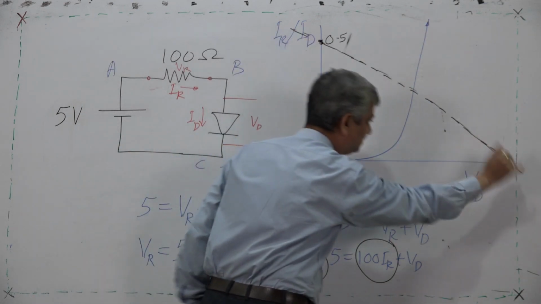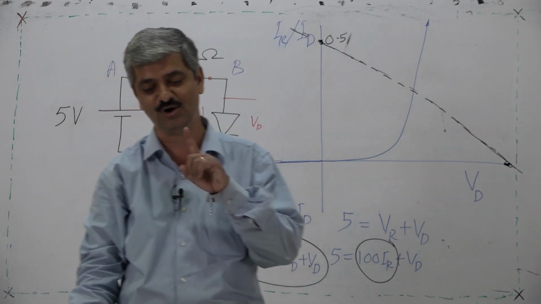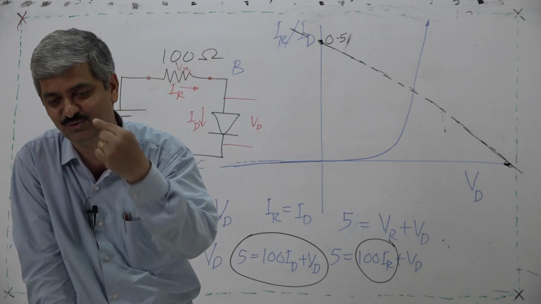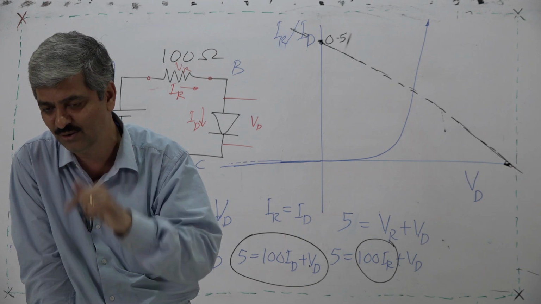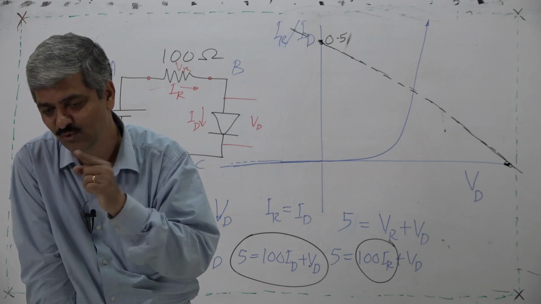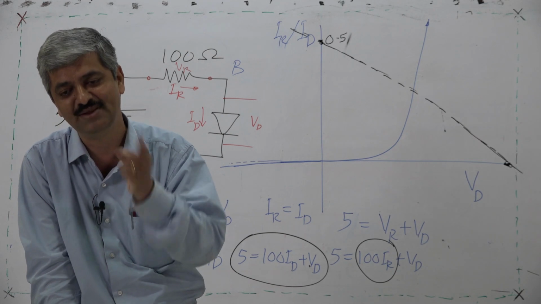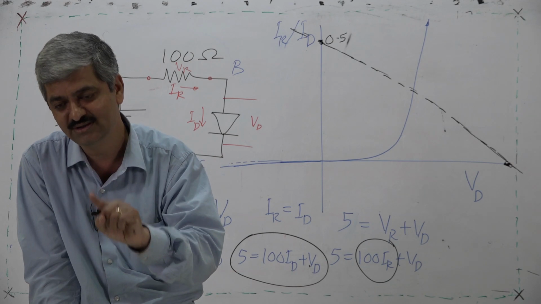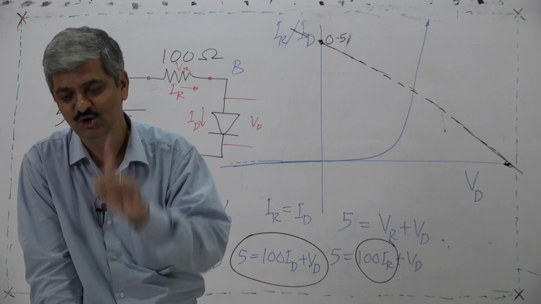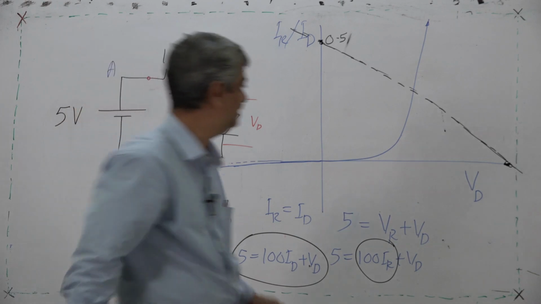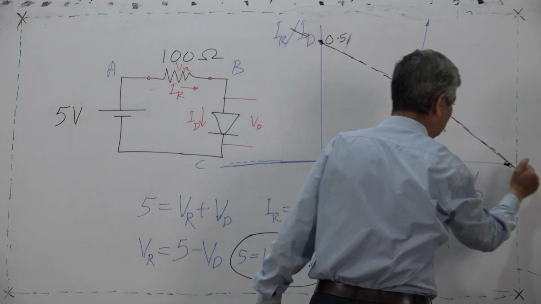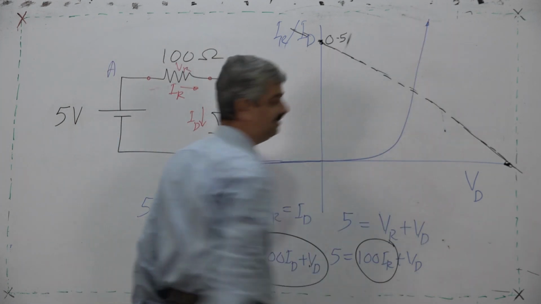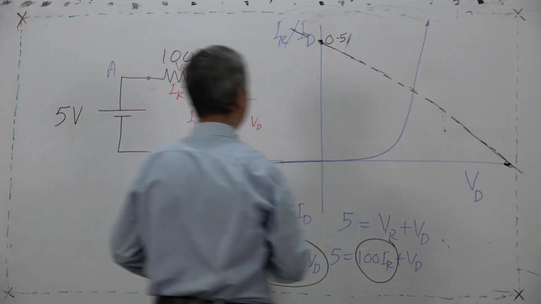And this is the restriction which the resistance wants to put on the voltage across the resistor and current through the resistor, but the current through the resistor is the current through the diode, and the voltage across the resistor is 5 minus the voltage across the diode. So, ultimately the resistor also wants its restriction requirement fulfilled between VD and ID. So, this is one linear equation between VD and ID governed by the resistor. This is the non-linear equation between VD and ID governed by the diode, and they intersect at a point.